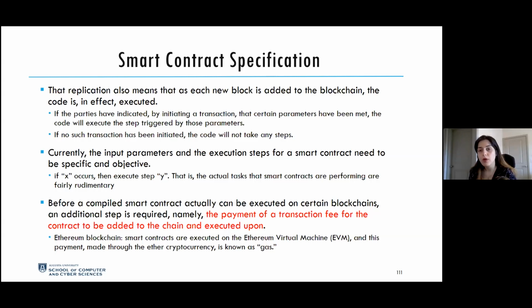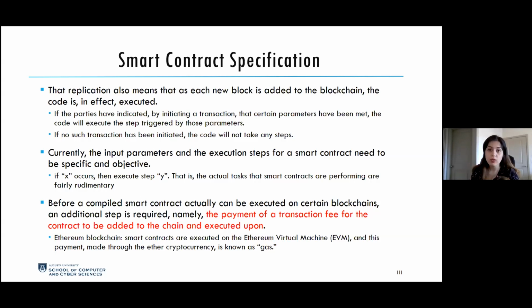The way the smart contract will be activated is that you, as a user, create a new transaction, and in this transaction, you address the smart contract account. You actually call the smart contract account with specific inputs. If the inputs satisfy the conditions of the smart contract, it will be triggered and executed. But if not, it won't be.